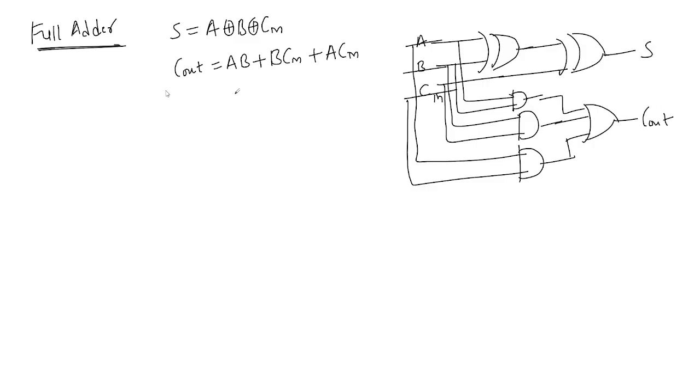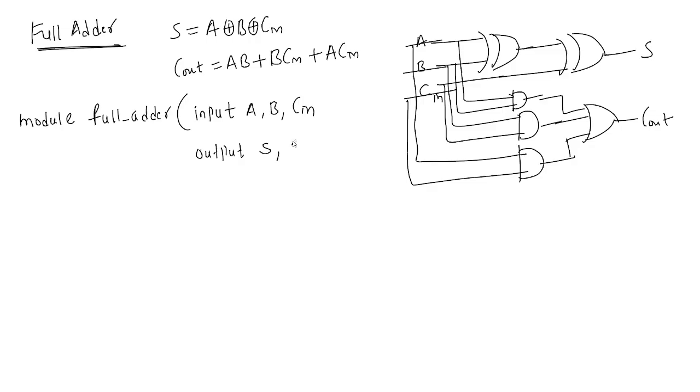So by using data flow modeling, you are representing in terms of expressions. So how to write it? My module name is full_adder. I'm using style two, so I need to declare input a, b, cin, output s, cout, and I'll use a continuous assignment statement.